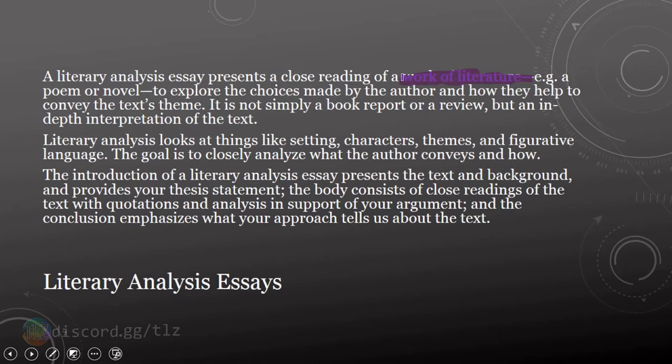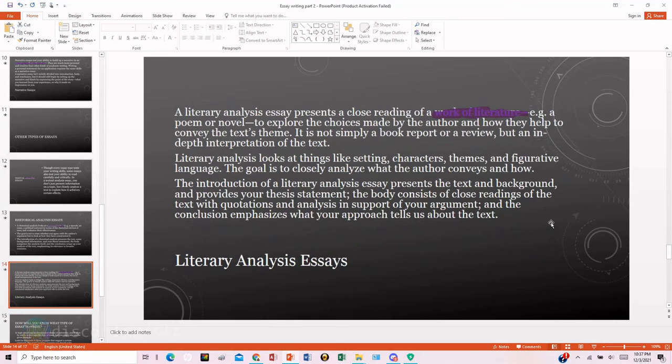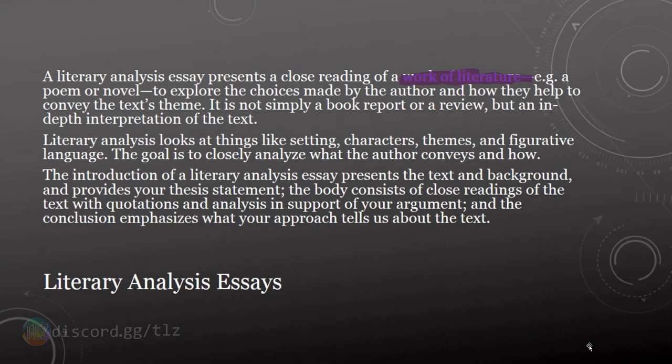You're not going to analyze it like a book report, but you're going to give an interpretation of the text, which means you are going to explore themes, their writing style, the literary devices they use, figurative language, and you analyze what the author conveys and how.